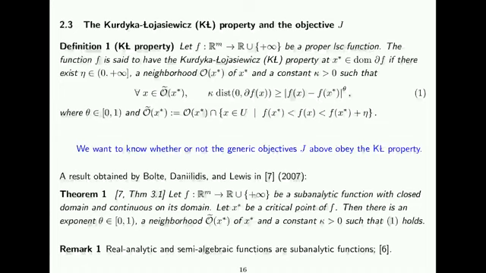So a function satisfies this property. Here, x is a critical point, and x is a non-critical point. We have a neighborhood of the critical point. Here, this is the distance between 0 and the subgradient at the non-critical point.